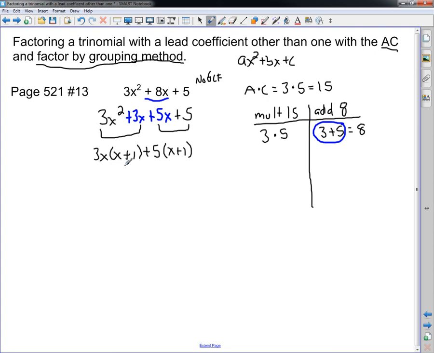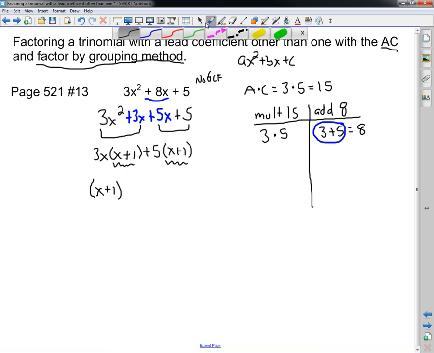Factor by grouping, your goal is to end up with the same thing in both binomials. So notice I have an x plus 1, x plus 1. Perfect. So just like I was able to take a 3x out, and just like I was able to take a 5 out of these, I'm able to factor out an x plus 1 because they both have an x plus 1.